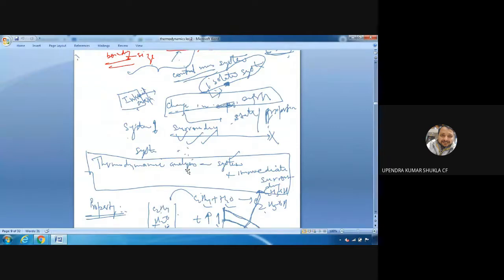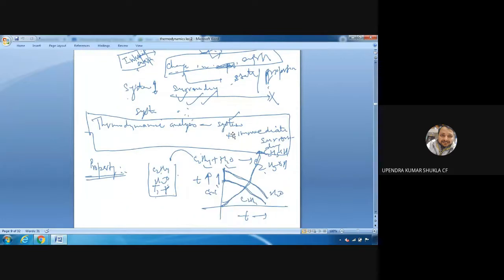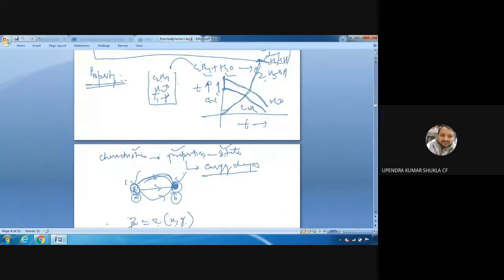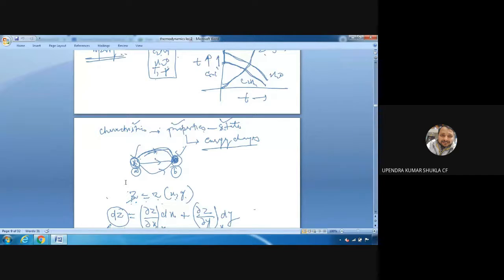So for thermodynamic analysis, we have to choose the system and the immediate surrounding, because the surrounding that is far from the system will not have so much impact on the system. So we will consider only the immediate surrounding for the thermodynamic analysis. Now, as far as property is considered, any characteristic will become a property of the system, and that will be converted into state, and the properties are related to energy changes.